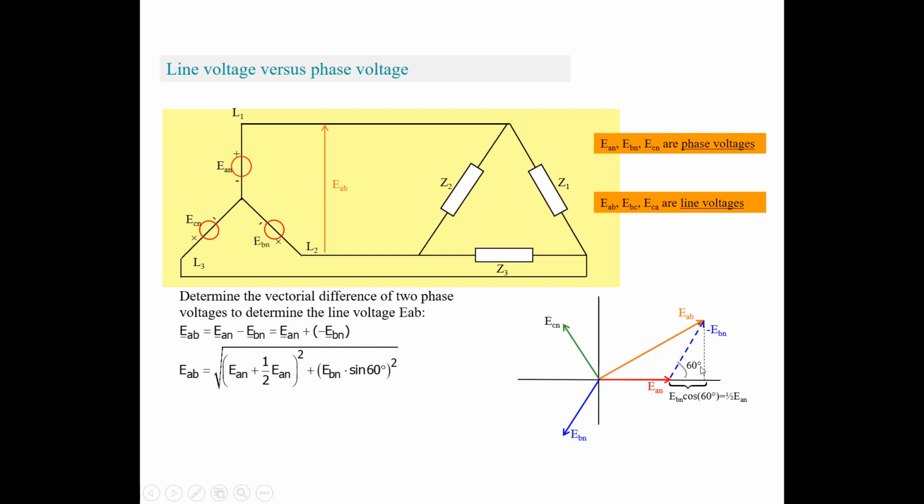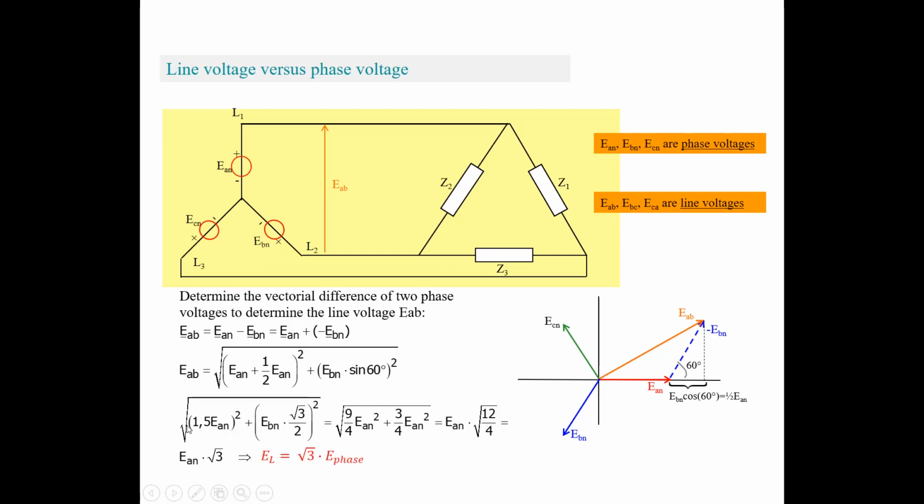This is 60 degrees, so this part is EBN or EAN times the sine of 60 degrees, and that is 0.5 times the square root of 3. So now we have the horizontal part, 1.5 times EAN, squared, plus EBN times the sine of 60 degrees squared, which is equal to EAN times the sine of 60 degrees squared, and then the square root of it gives us EAB, which is the line voltage.